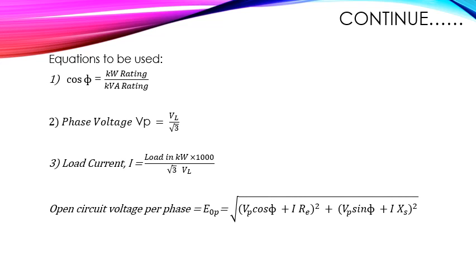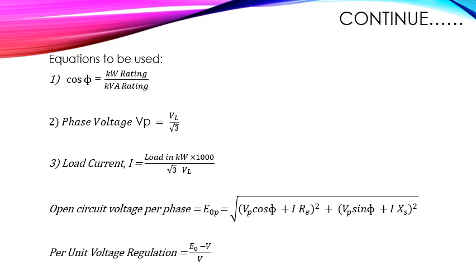Then open circuit voltage per phase, by which method? It is by the synchronous impedance method. That is, open circuit voltage per phase E is equal to the square root of (Vp cos phi plus I R_E) whole square plus (Vp sin phi plus I X_S) whole square, where Vp is the voltage per phase, that is the terminal voltage per phase, I is the load current, R is the effective resistance, and X_S is the synchronous reactance.